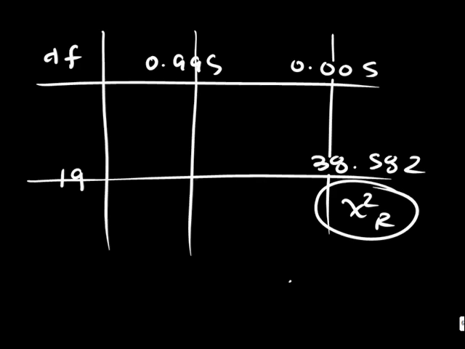Now row 19, 0.995 row gives you 6.844. And this is a chi-square L value.